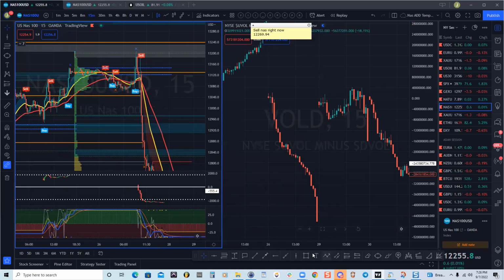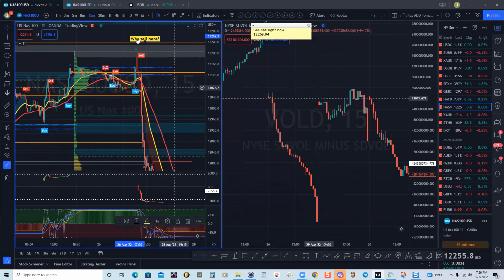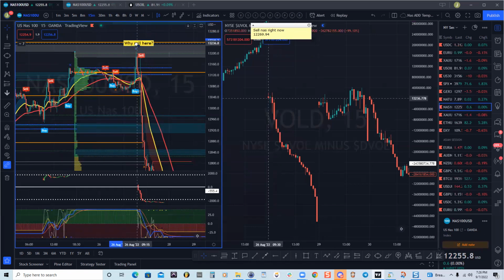Why is this a sell here? Why are we selling here? Right when that green candle, that liquidity grab, happened exactly at the single print. So that's why it's a sell according to me. X marks the spot.